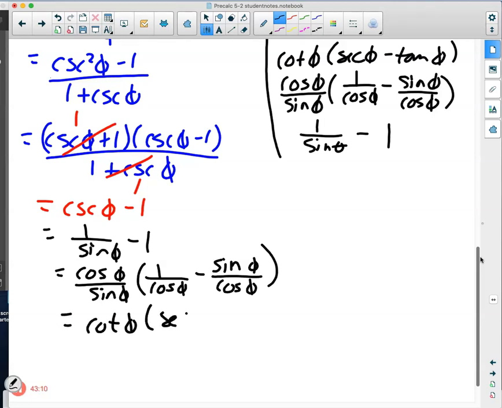And all the way back up to what we were supposed to get on the other side.